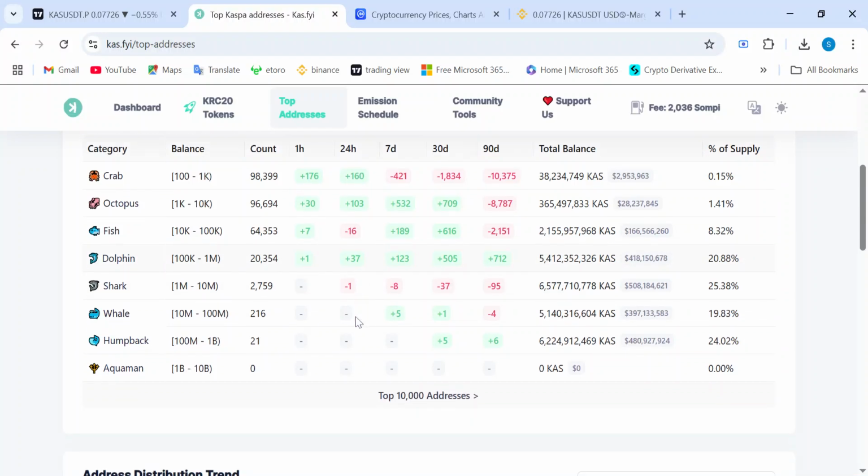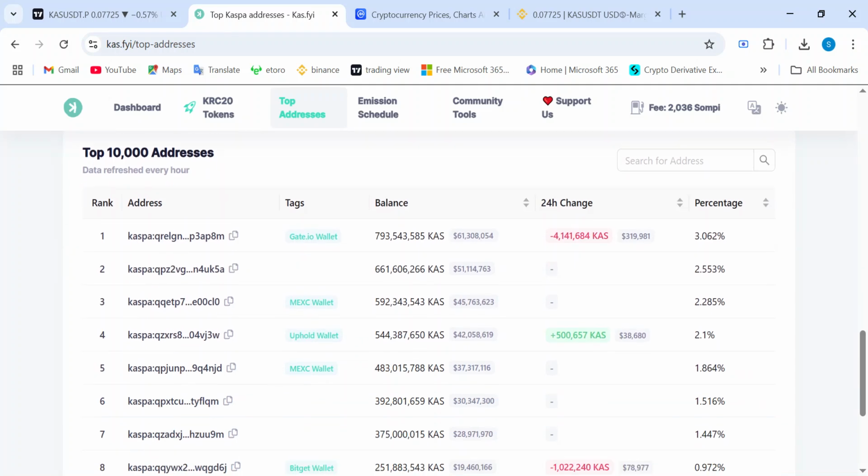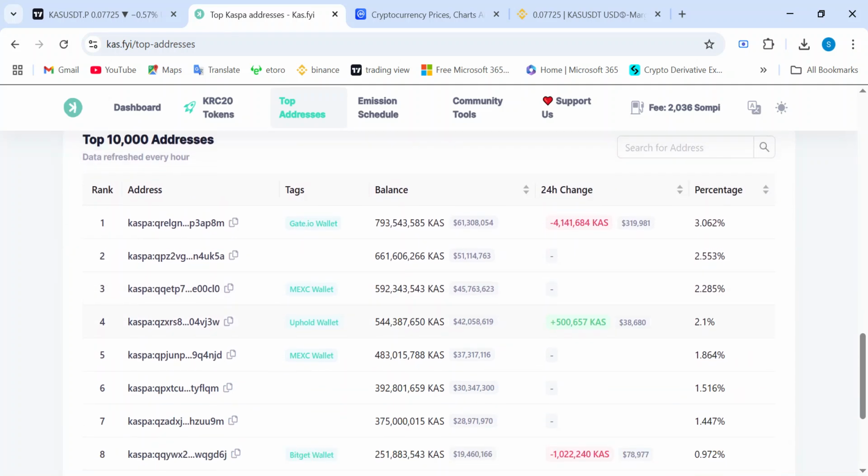However, these 37 dolphins can offset this one shark. That's not a problem. Then let's go down to wallet holders that we think are Binance or market makers. Wallet number 2 in the last 24 hours hasn't purchased any, or there was no inflow in their wallet, but we got 500,000 Kaspa on the Uphold wallet.